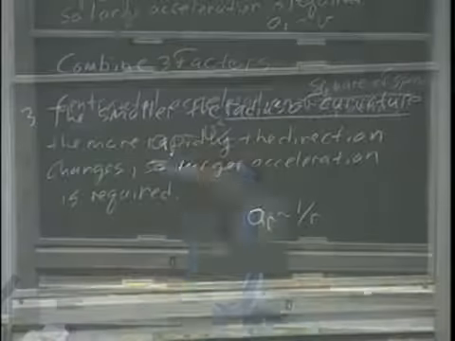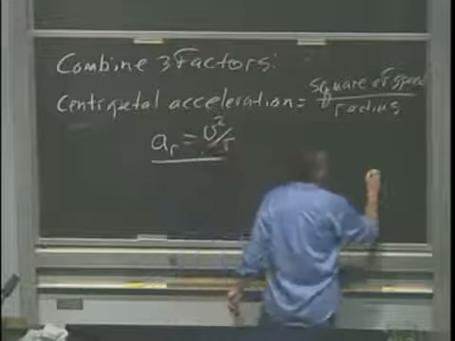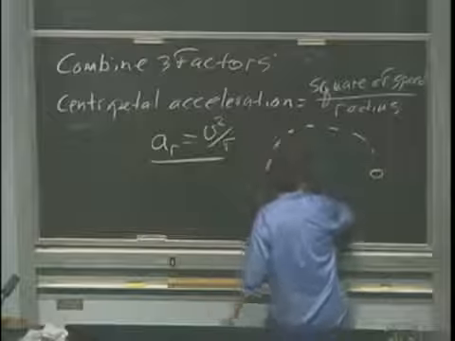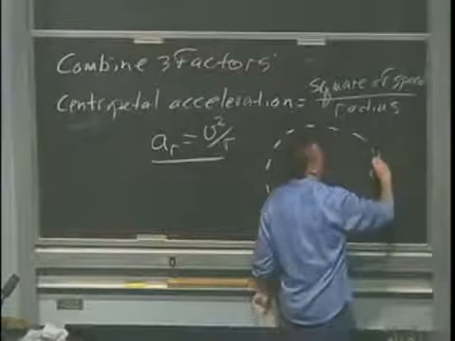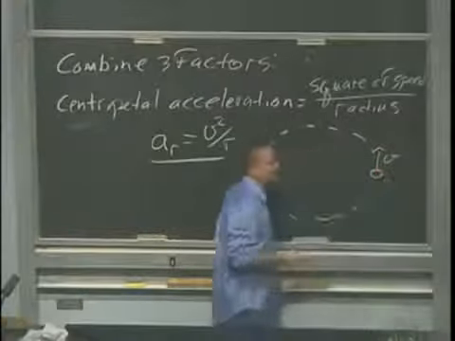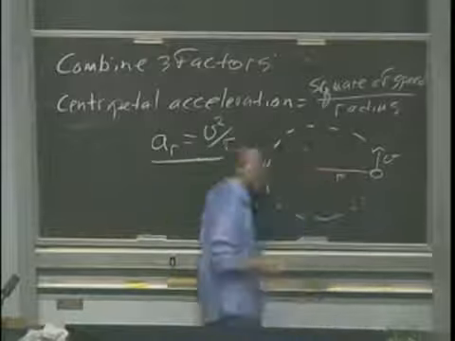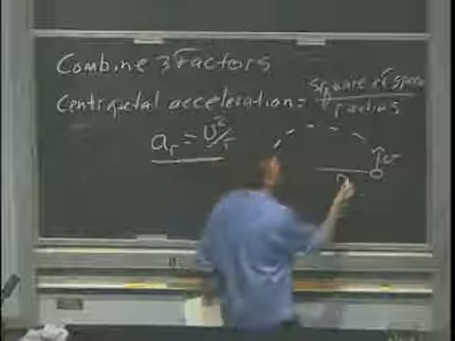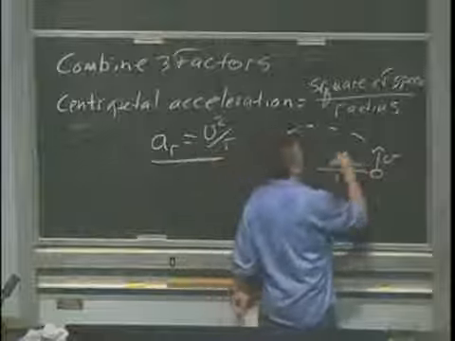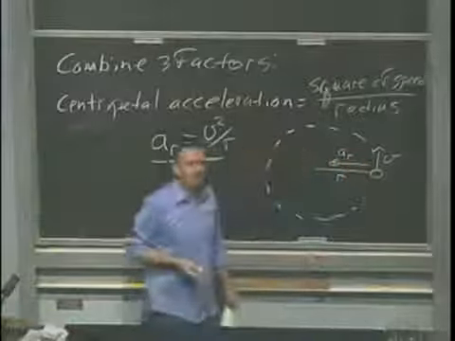So when you have an object that's undergoing circular motion, if it's got some speed v and it's moving in a radius r, okay, then that means that there is a centripetal acceleration keeping it moving in that circle.